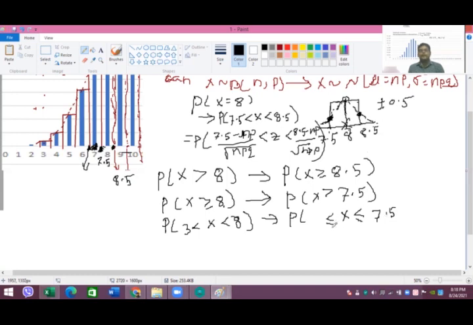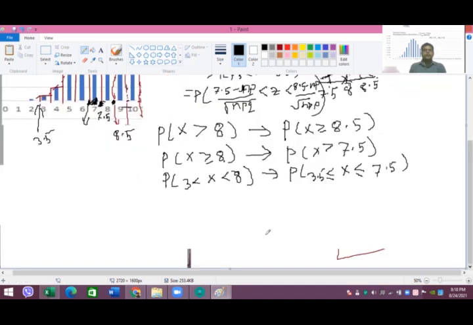And x bigger than 3 means it should not include 3, that means it should include a value greater than 3. So at this point 3 is 3.5, so you can write here 3.5. So 3.5 and 7.5 are at the continuous point and also fulfill this inequality for the discrete values 3 and 8, where 3 and 8 are not included.